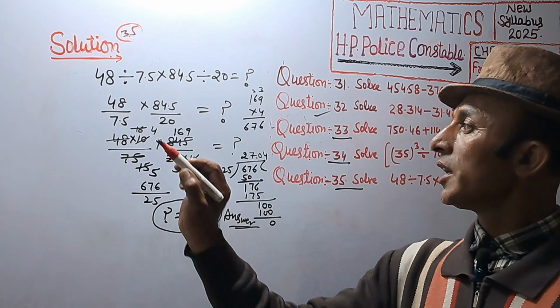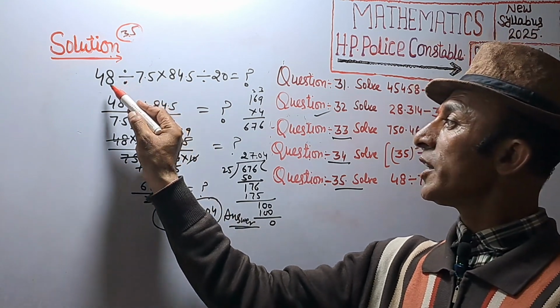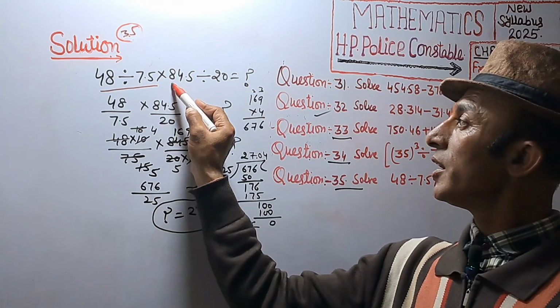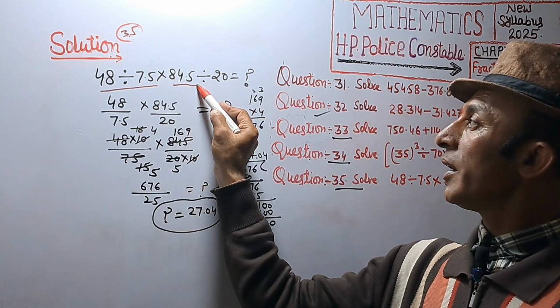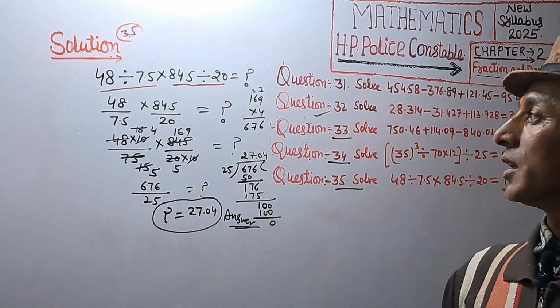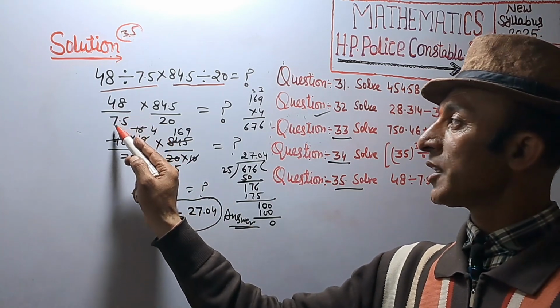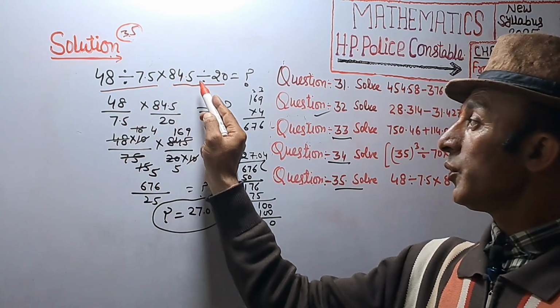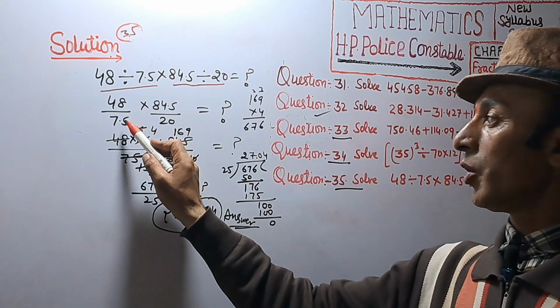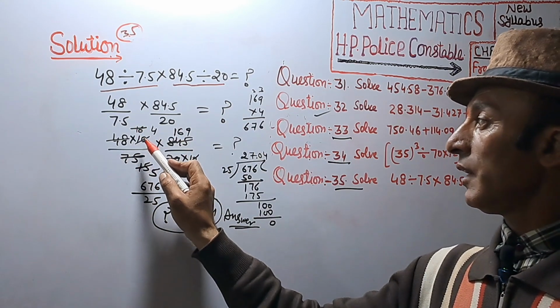Answer. Given question, 48 divided by 7.5 into 84.5 divided by 20 equal to ?. Point converts in 10.